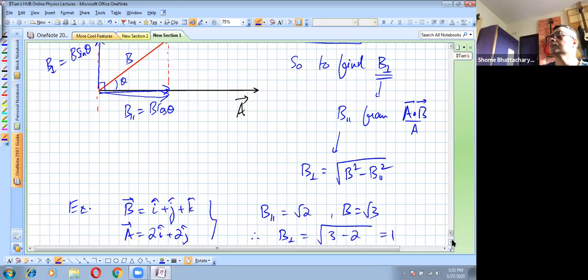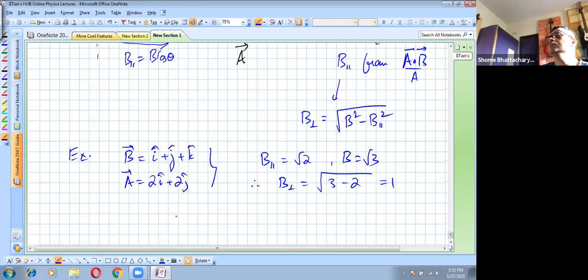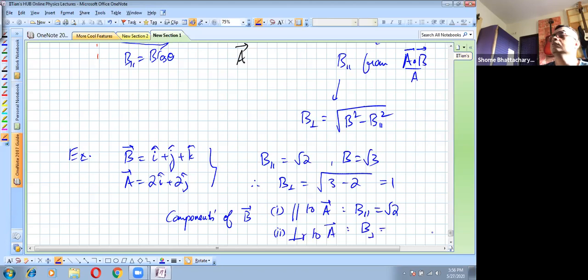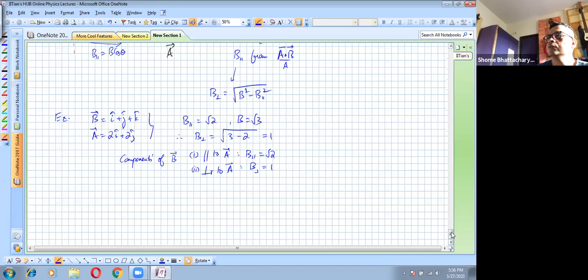So now we have both the components. The component of B parallel to A is equal to √2, and perpendicular to A, that is 1. So this is a little trick that we can use to find the perpendicular component also.